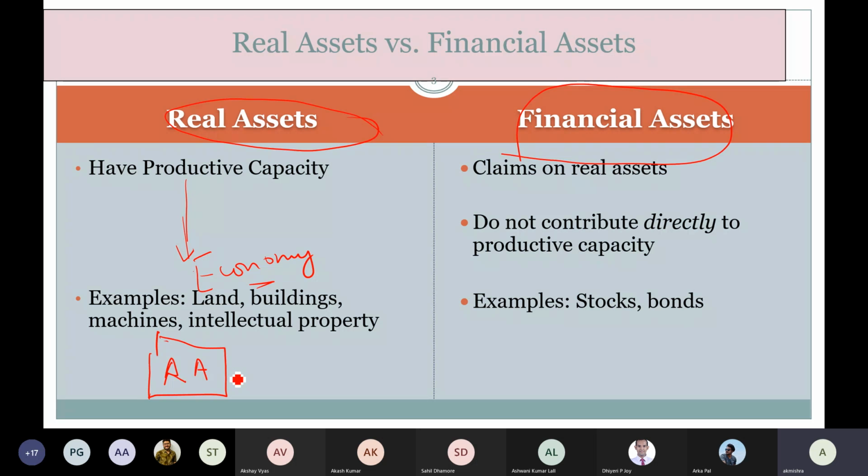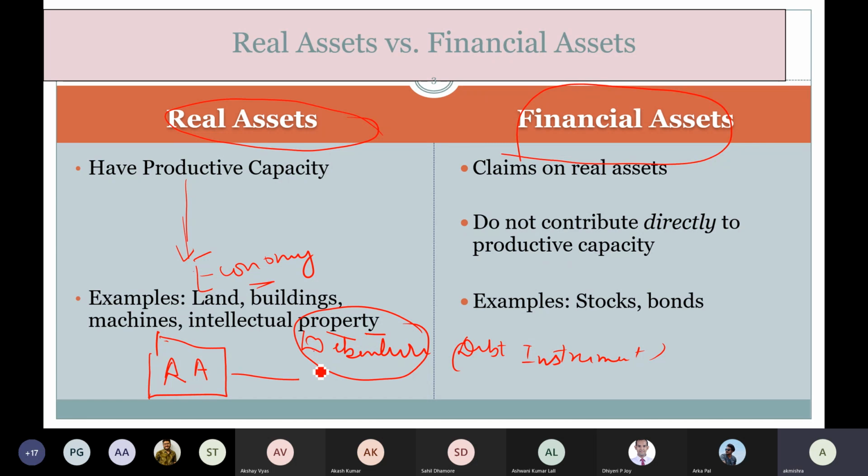And the company having real assets has issued, let's say, a debenture. Basically, what is a debenture? Debenture is a debt instrument. But this debenture is basically a financial asset. So what is happening?